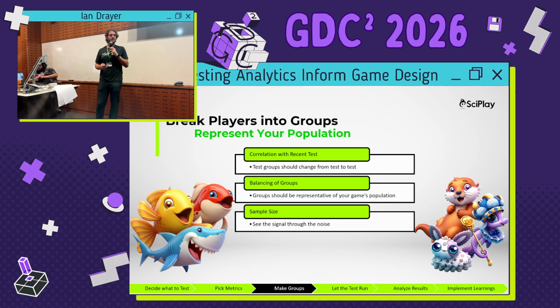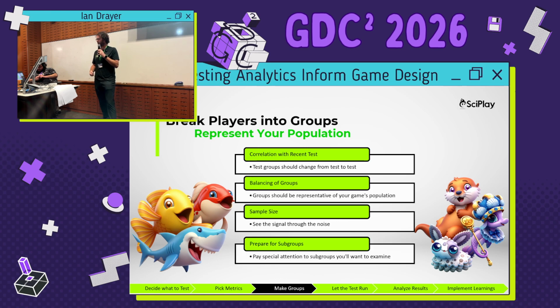And so even though we thought we had enough players in that sample group by doing a 10% sample, we needed a lot more players from that group in order to actually get statistical significance and confidence that our results were meaningful.